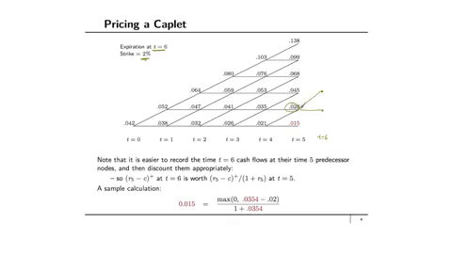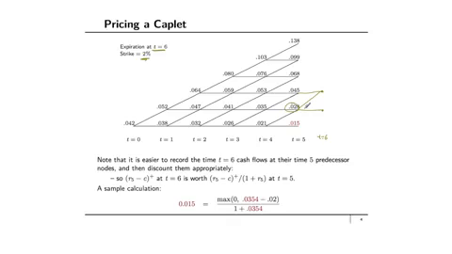Is it this node, 0.028, or is it this node, 0.045? So that makes the accounting just a little bit awkward. So instead what we'll do is record the final cash flow at the node at which it is determined. So that is at T equals 5, but we will discount it appropriately to reflect the fact that the payment does not take place until T equals 6.